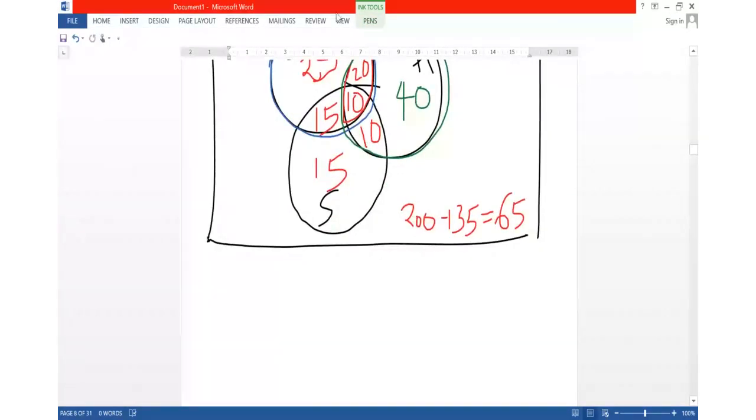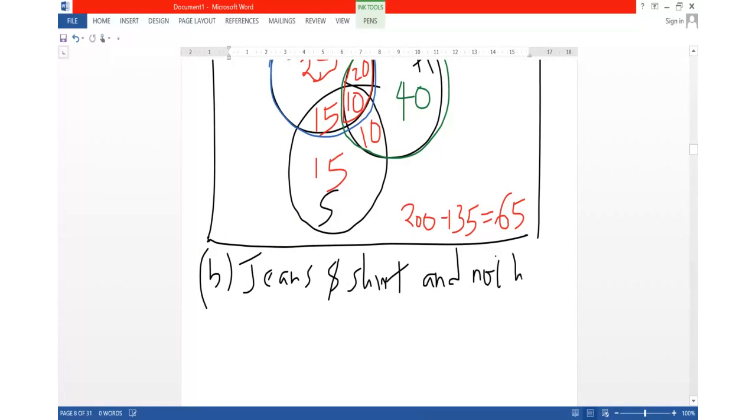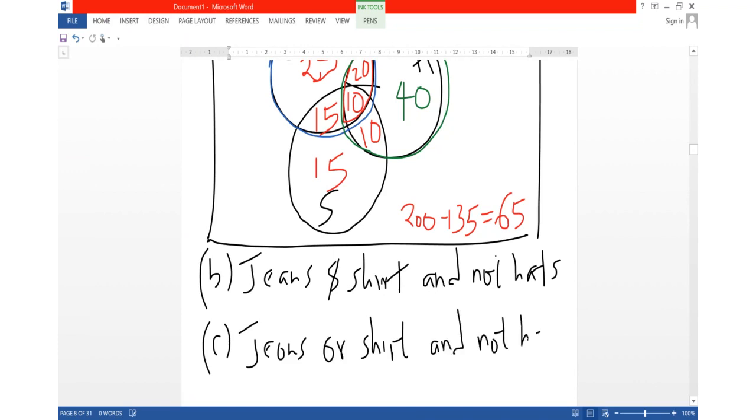The first one is part B, jeans and shirts and not hats. The second one, part C, this one is jeans or shirt and not hats. So give me the answer.